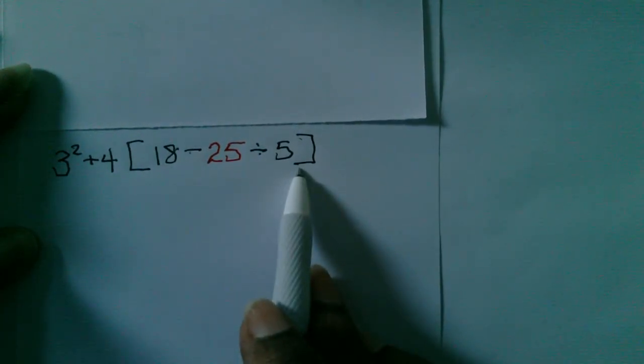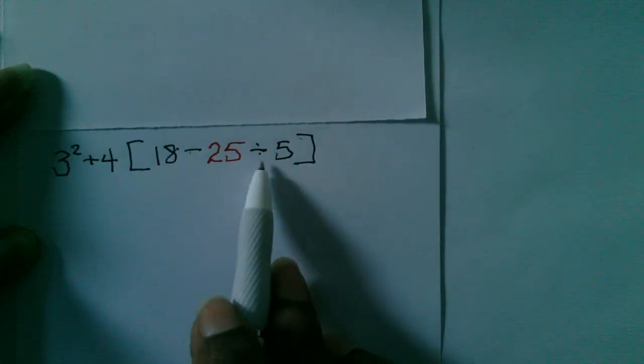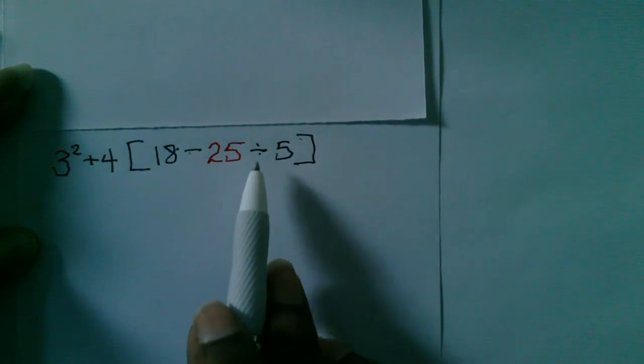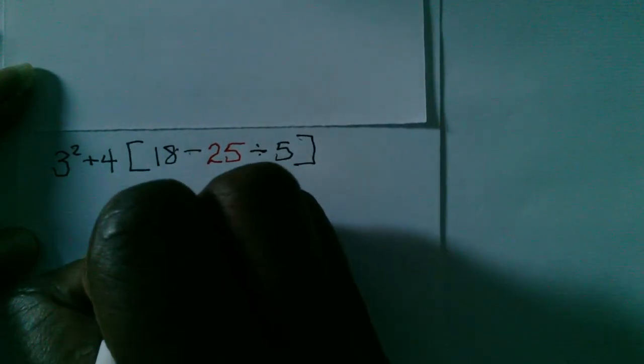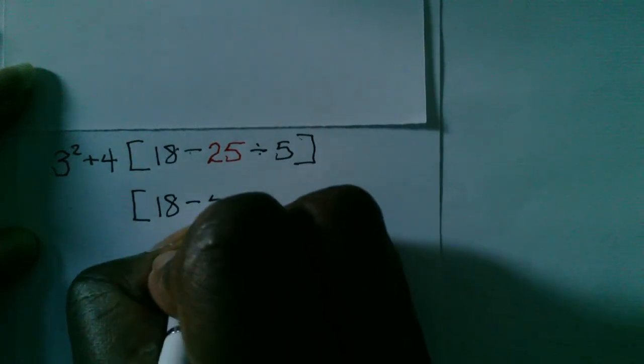So now, inside the bracket, what do we have? Subtraction and division. We need to do the division first. Remember, multiplication or division comes before addition or subtraction. So inside of this bracket, looks like this is going to have to be my last number. Losing stuff, losing light.